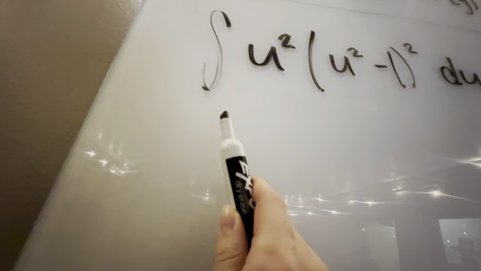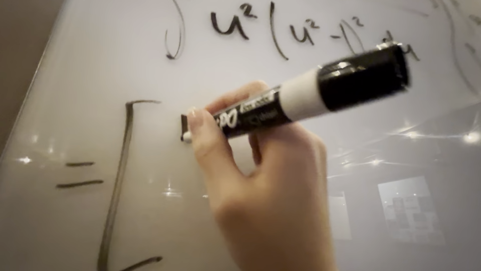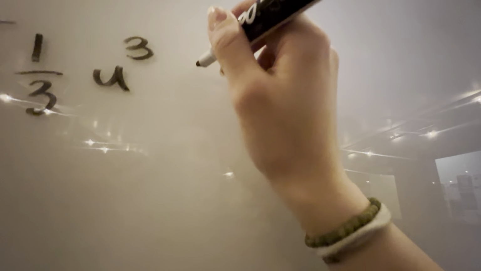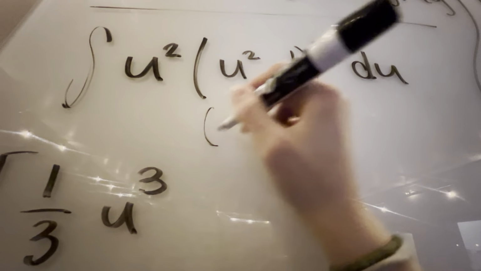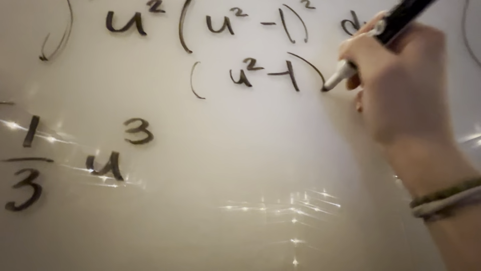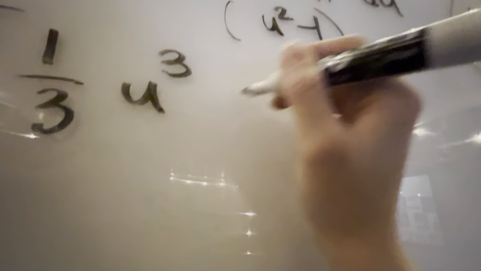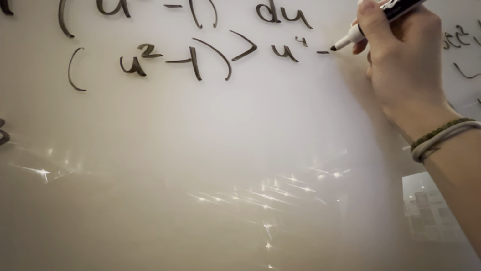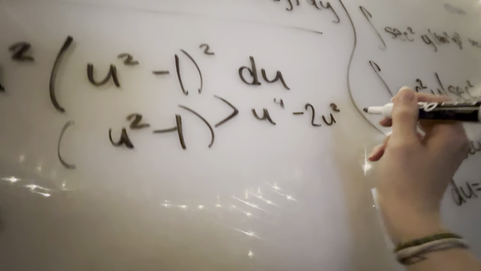Okay, so now we can take the integral. Doing this, u squared becomes 1/3 u to the third. And I'm gonna distribute this. I suck at distributing, so right here, this becomes u to the 4th minus 2u squared plus 1.